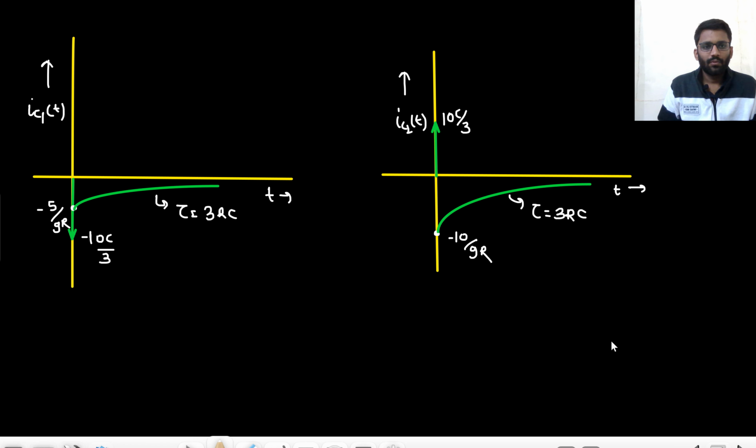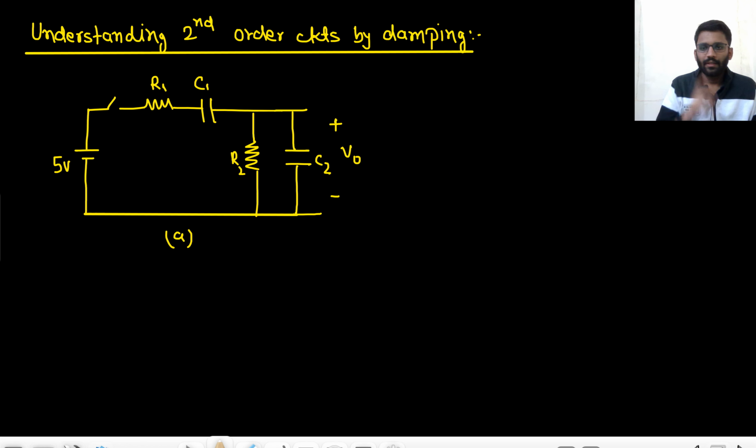Now, in the next video, we will see the second order circuit, and we will see this by the concept of damping. I hope you remember RLC circuits. There we studied kinds of damping: in RLC we studied three, underdamped, overdamped and critically damped, and in LC we studied undamped.